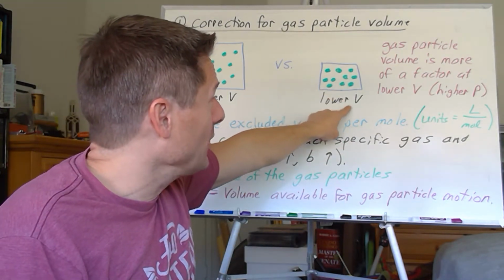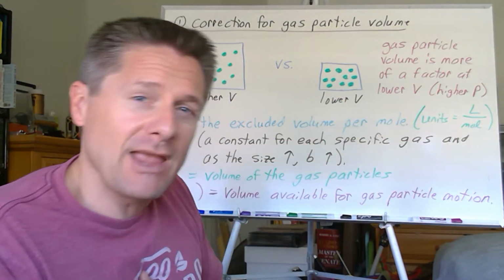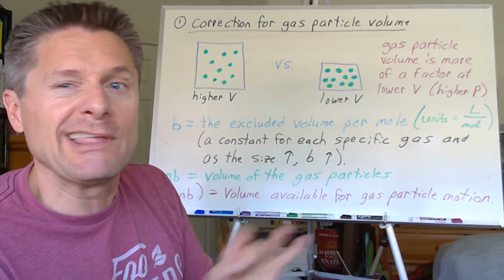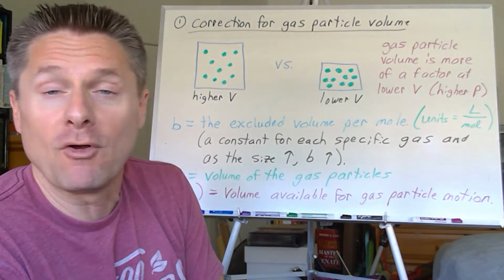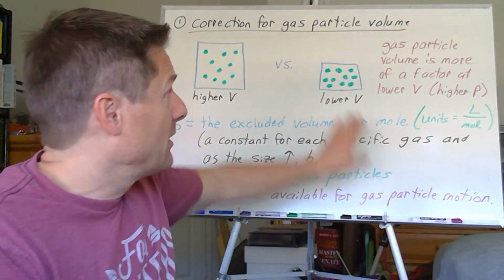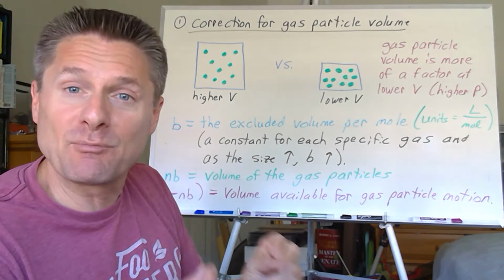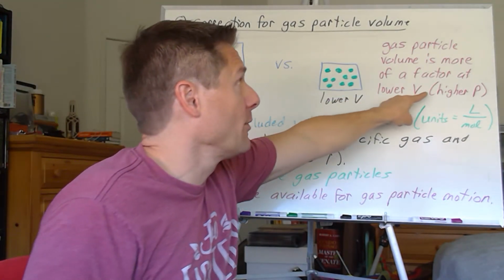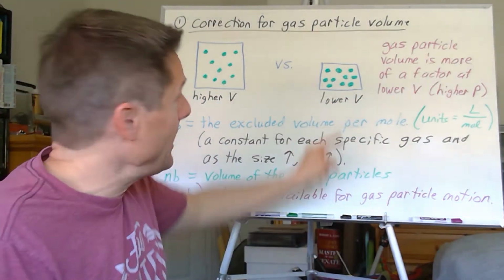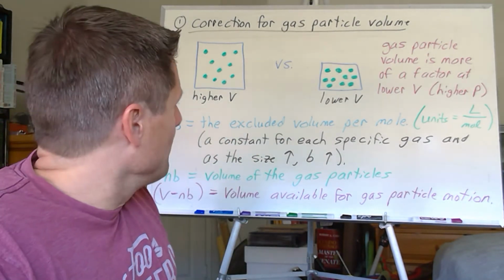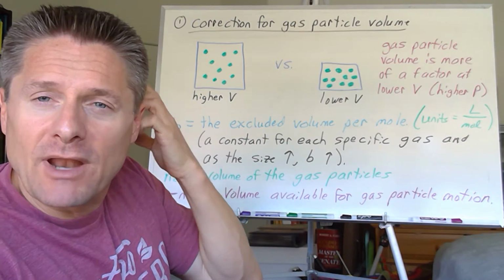So the lower the volume or the higher the pressure of your sample, the more error occurs from assuming the gas particles have a volume of zero. So it becomes more important to account for the effect of real gases and the gas particle volume at lower volume or higher pressure. We good? Can you see that? Right? So what van der Waals did, and I'll write this up when I show you his equation.